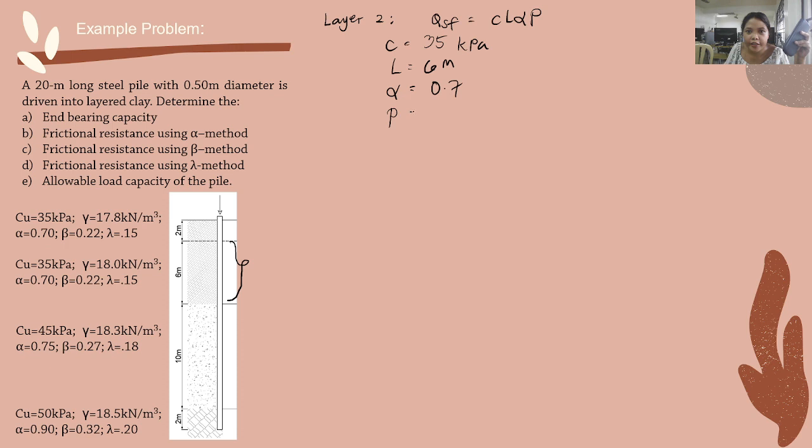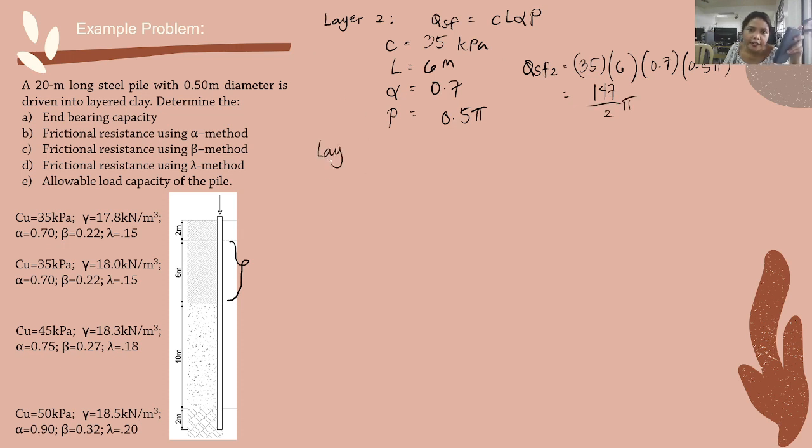The perimeter is the same because it has a uniform cross-section, 0.5 pi. So Qsf2 is equal to 35 by 6 by 0.7 by 0.5 pi, which is 147 over 2 pi.